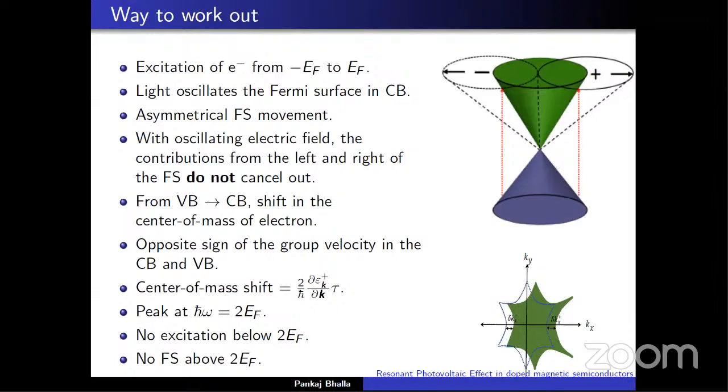Due to this, a center of mass shift arises. It arises because of the opposite sign of the group velocity: one has the partial derivative of epsilon k plus, the other the partial derivative of epsilon k minus. When we take the difference, the shift arises because these do not cancel each other out. So the center of mass shift gives rise to this current.